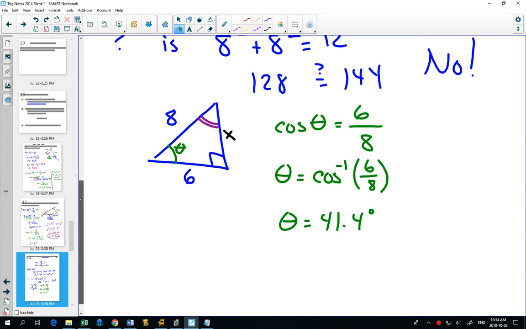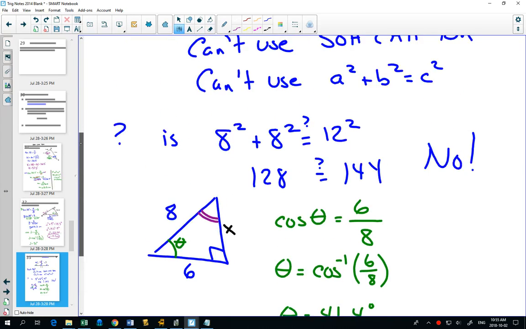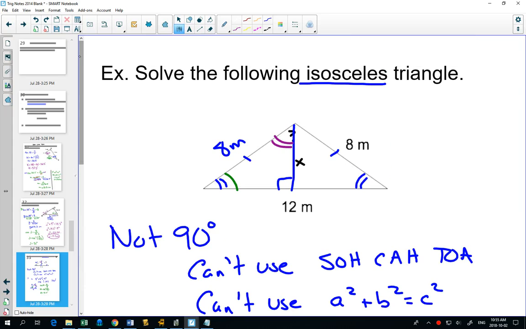So if I go back to my original triangle, I erase this extra stuff. That green that I just found out was 41.4 degrees. If I figure out that green one, what else do I know?